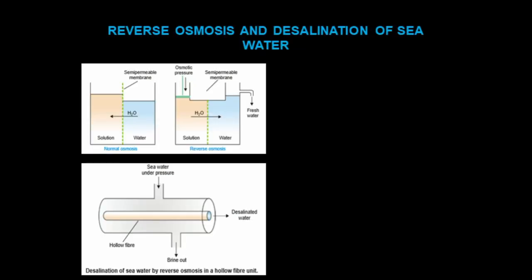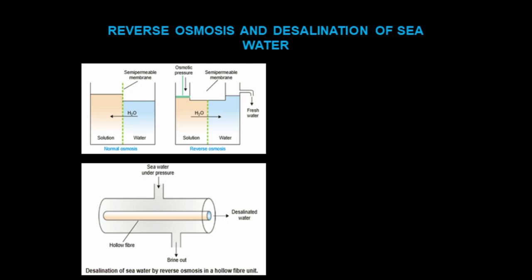Osmosis plays a very important role nowadays in what are commonly called RO plants, that is, reverse osmosis plants. Whenever we need pure, potable drinking water, we make use of the reverse osmosis method in our domestic life in order to obtain potable drinking water from any source of underground water.